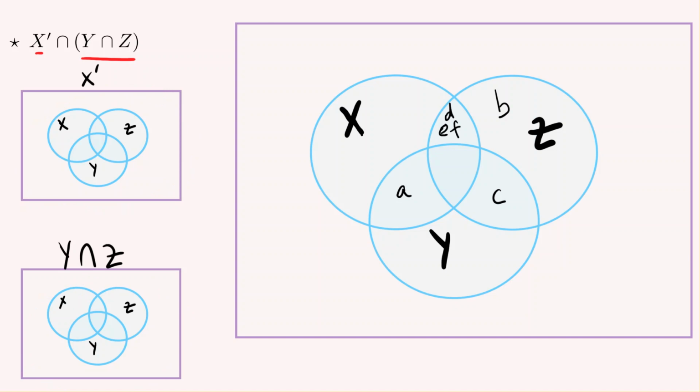And then we just need to think back to our definitions. The complement of a set is everything outside of that set. So to figure out what x complement would look like, we first figure out what is x, and then we shade everything outside of x. So x is this entire circle in our Venn diagram. So in order to represent x complement, we would need to shade everything outside of x.